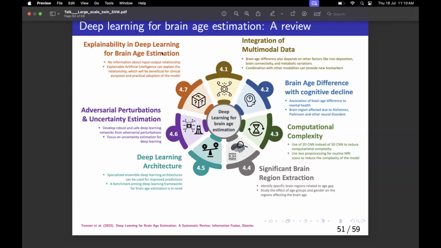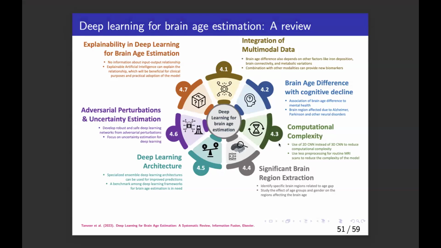You see that we have possible directions on how to reduce the computational complexity and how to look at the specific brain region and brain age difference, which is very, very important. The reason is that the brain is affected by several neurological disorders like Alzheimer's, Parkinson's, and so on, and how to integrate the multimodal data.